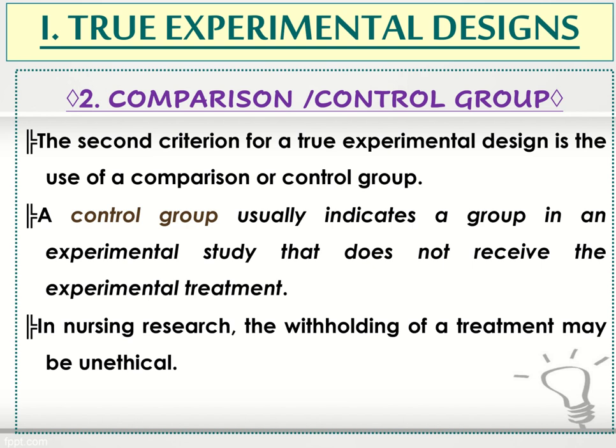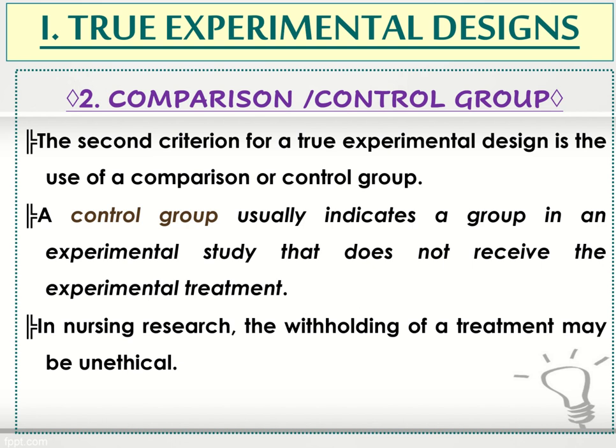Second, we have second criterion for a true experimental design is the use of a comparison or control group. So the term control group is seen more frequently in the literature than the term comparison group. So pag sinabing control group, usually indicates a group in an experimental study that does not receive the experimental treatment.